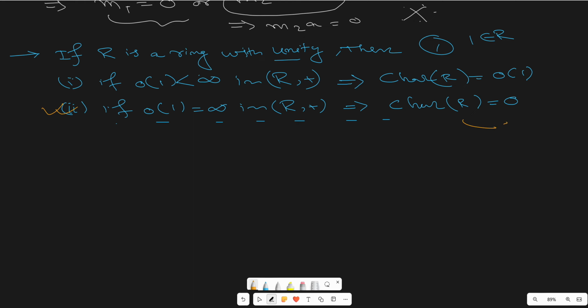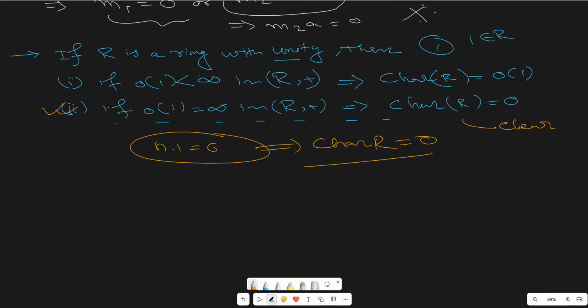This should be clear, because if you cannot find any positive integer n such that n dot 1 is the additive group's 0, then you must have the characteristic of R is 0, right?